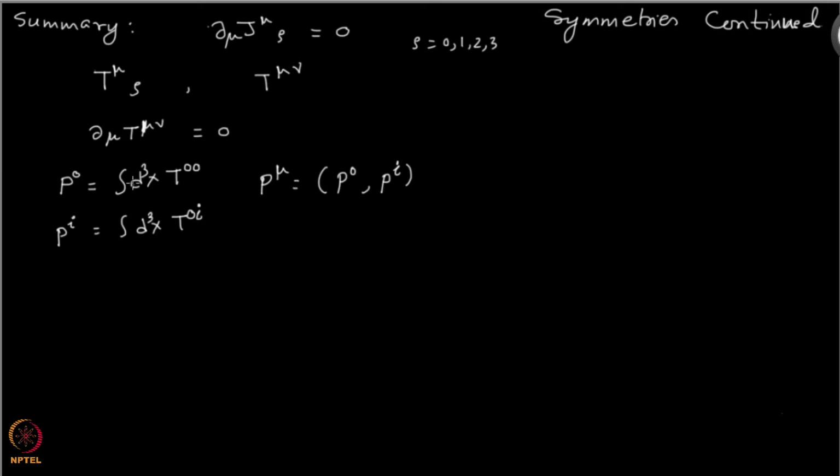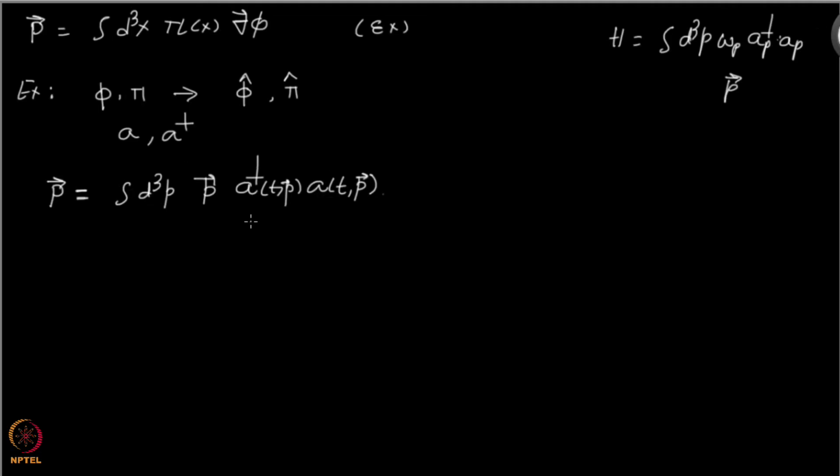You can also see this in another way. If you recall, when we were doing the quantization of Klein-Gordon theory, we had the Hamiltonian and we had guessed the momentum operator, this one. And now we have explicitly found this in the previous video. That was an exercise, this one.